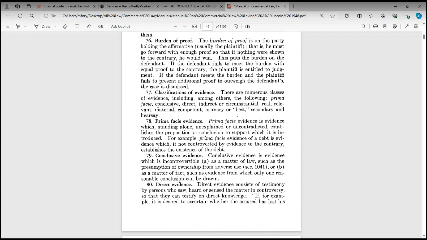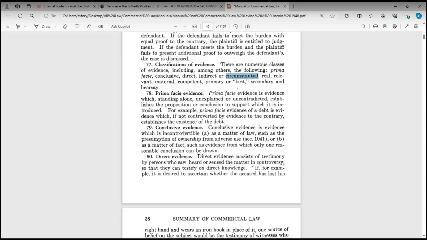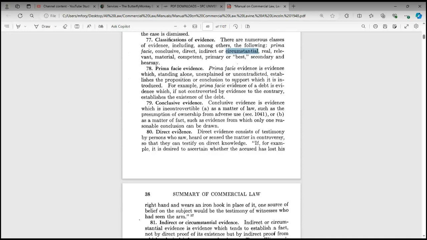Prima facie, conclusive, direct, indirect, or circumstantial, real, relevant, material, competent, primary, or best, secondary, and hearsay. So all the different classifications, but we already know circumstantial might be a form of evidence, but you're trying to force something in, and hearsay for sure almost doesn't work.